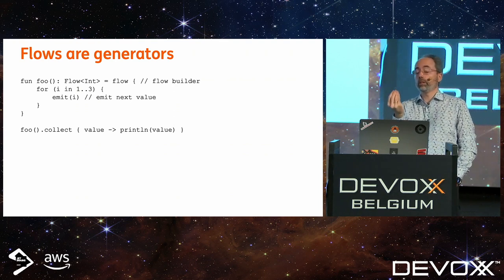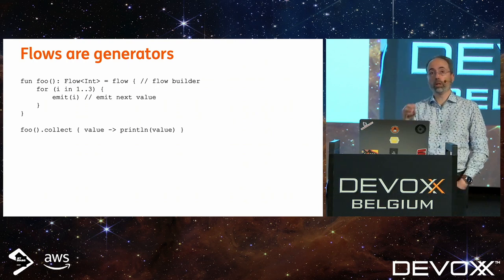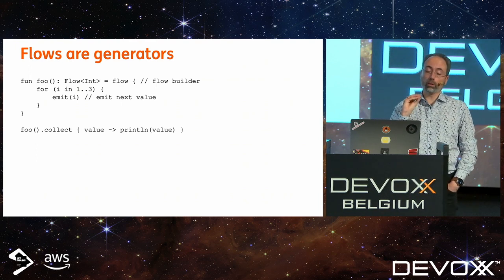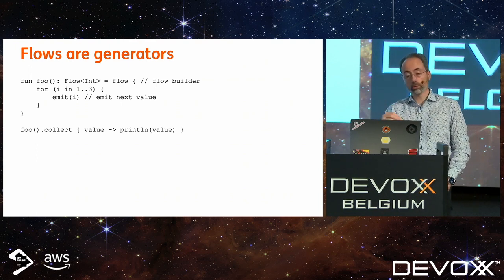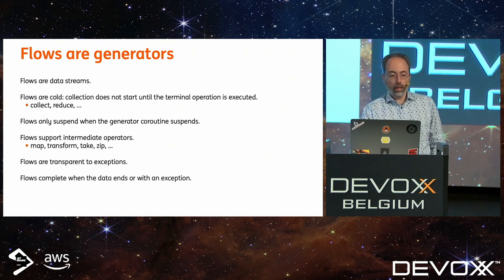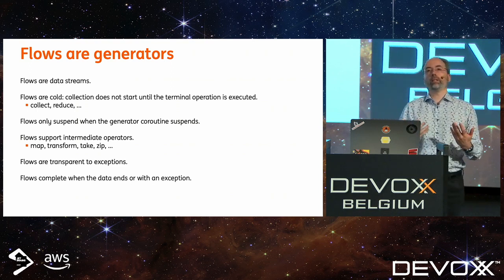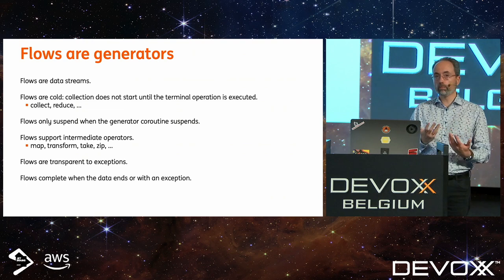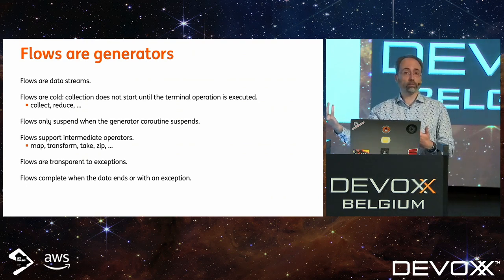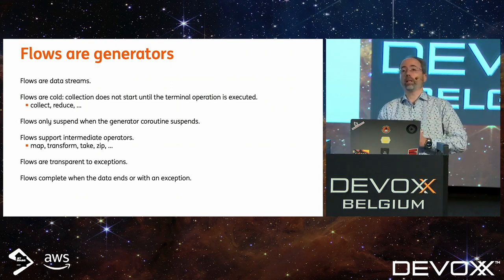It yields only when the code inside the flow is ready to emit a value, and it will allow collection by other coroutines. The interesting part of flows is that flows are data streams. They can be compared somehow with streams in Java, for example. Others compare them with observables in RxJava.